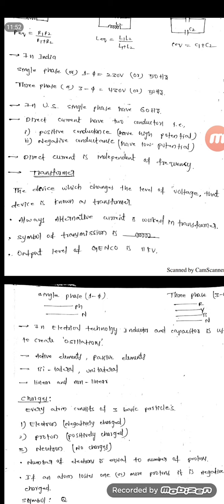In power systems, we have three parts: generation, transmission and distribution. In the electricity board we have three departments, GENCO, TRANSCO and DISCOMs. Generally the GENCO engineers produce a voltage of 11 kV.